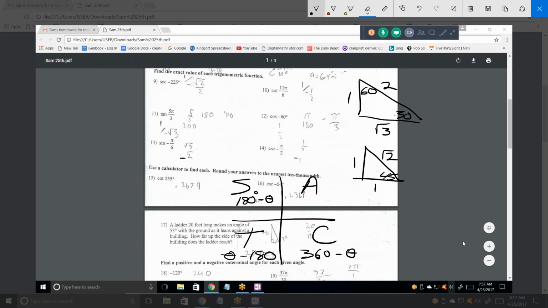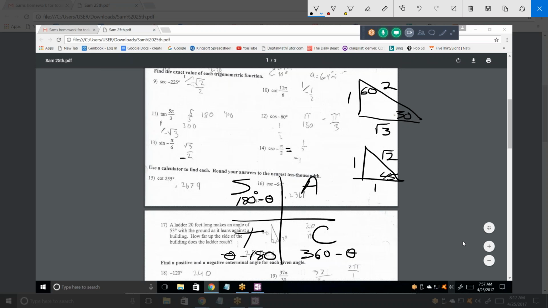Okay, let's do the same thing with cosecant of minus pi over 2. Cosecant is reciprocal to which function? Sine. Which means, what's the cosecant of minus pi over 2? The same as negative, in terms of cosecant.